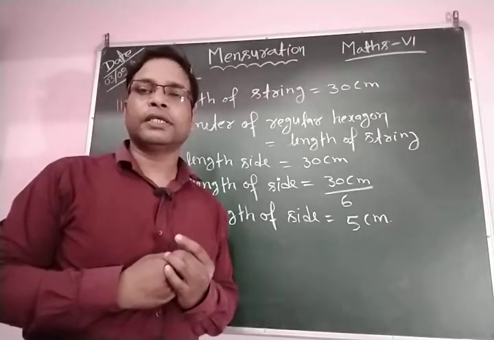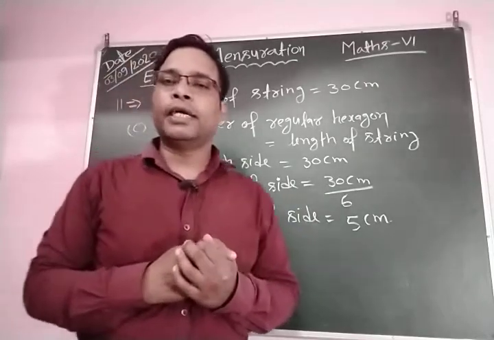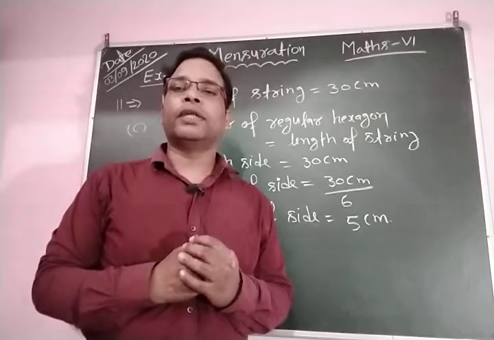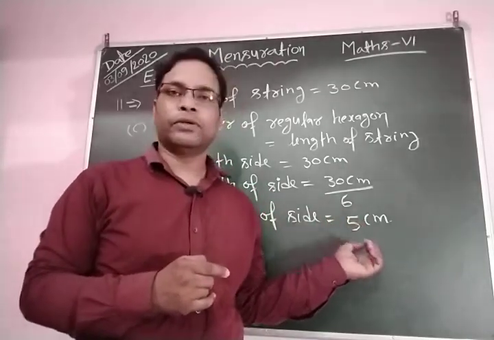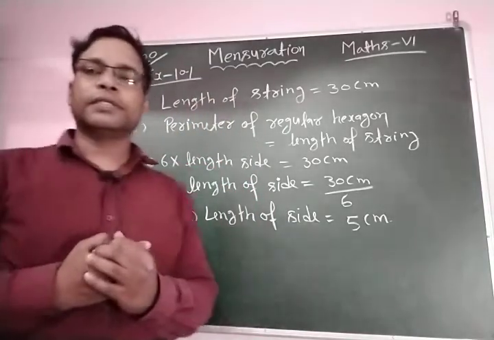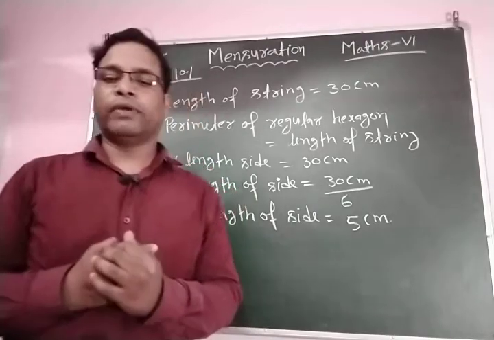So here you can see the side of square is 7.5 centimeter, side of equilateral triangle is 10 centimeters, and side of regular hexagon is 5 centimeters.